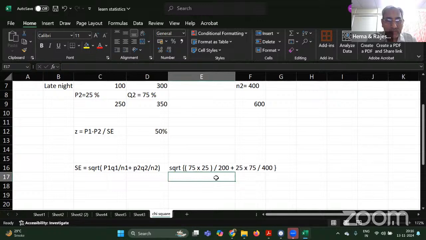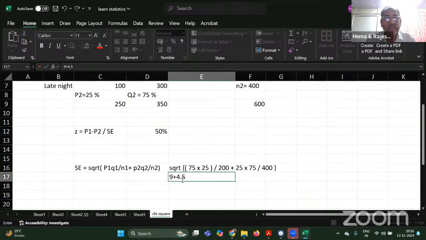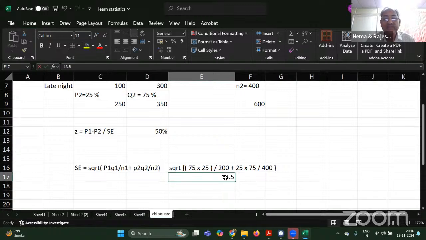It will be around 9 plus, divided by 4, will be around 4.5. So the total will be 13.5. And if you take the square root of 13.5, roughly it will be 3.7 or so.